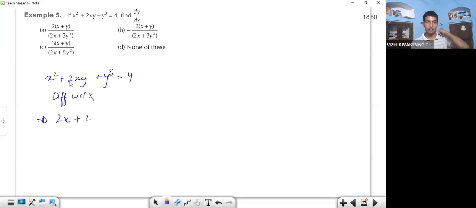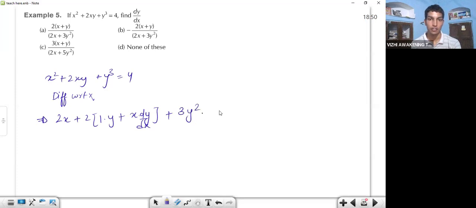Differentiation of xy, we have to apply the product rule here. So differentiation of x is 1 into y plus x into differentiation of y, which will be dy by dx, plus differentiation of y cube, 3y square into dy by dx, is equal to 4. The differentiation would be 0.